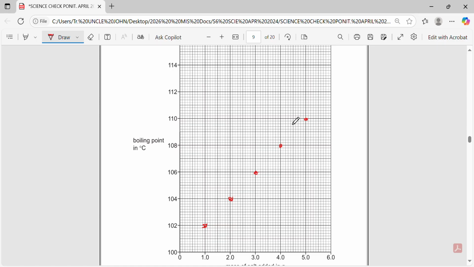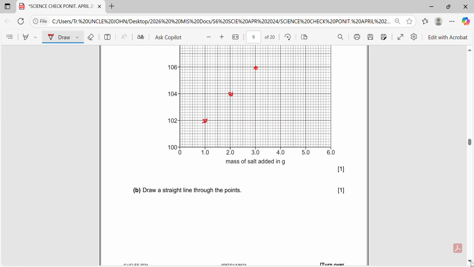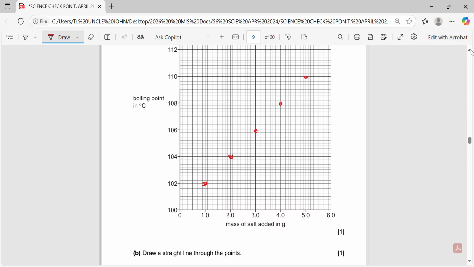Then are we done? We can draw a straight line through the points.